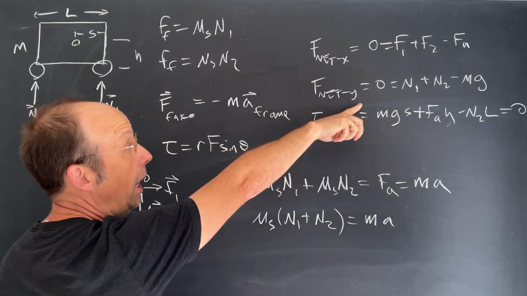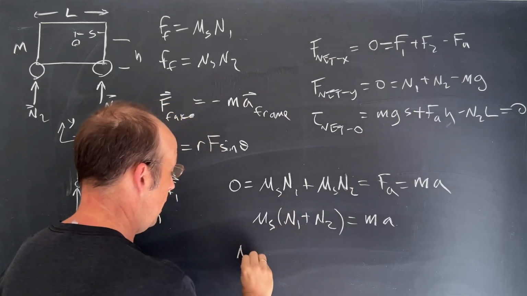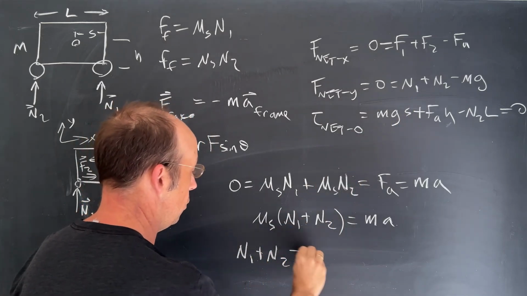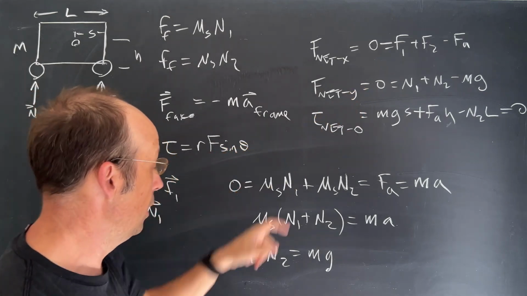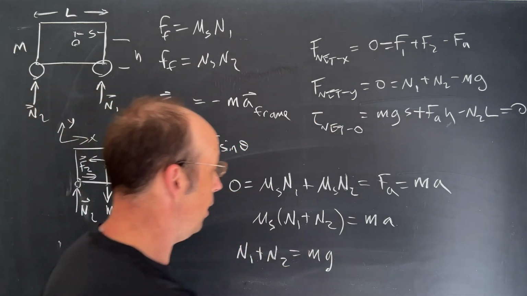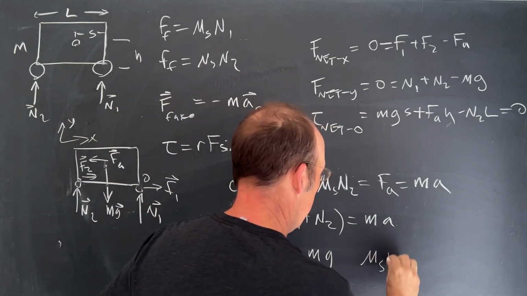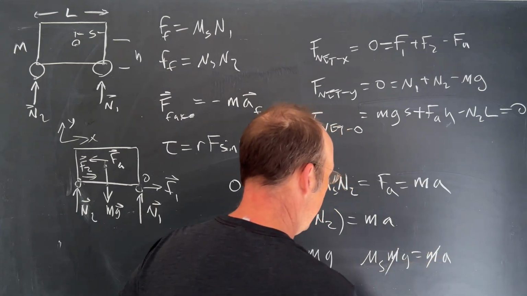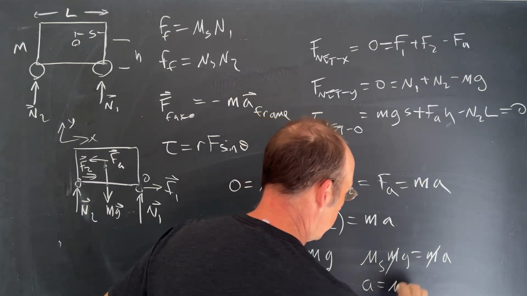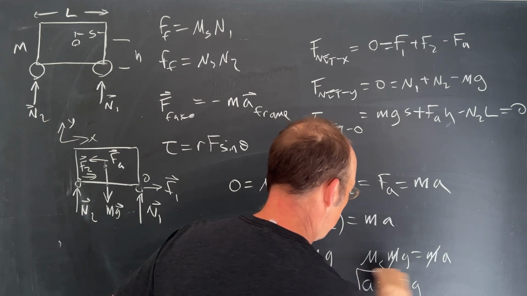Now, in the y direction, you can see up here that N1 plus N2 equals mg. So I can just put mg right here, and I get mu_s mg equals ma. Oh, the mass cancels. The acceleration is the coefficient of friction times g.